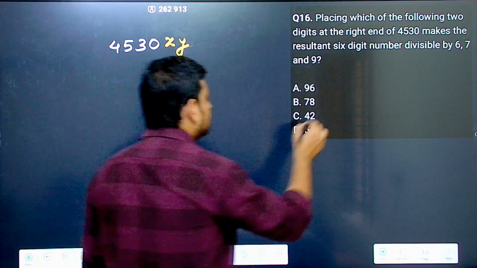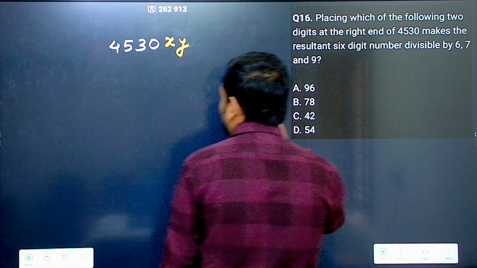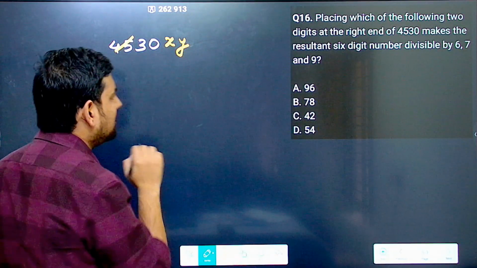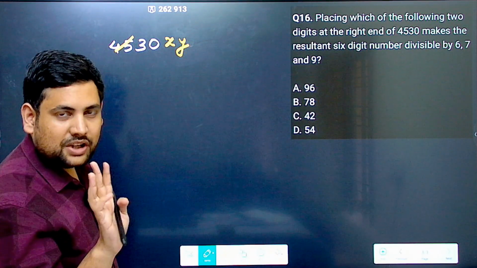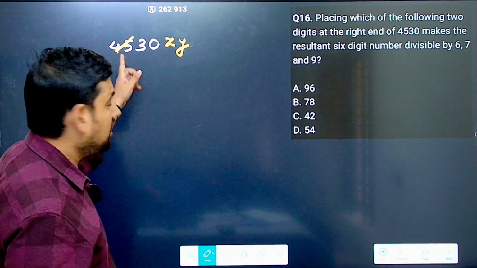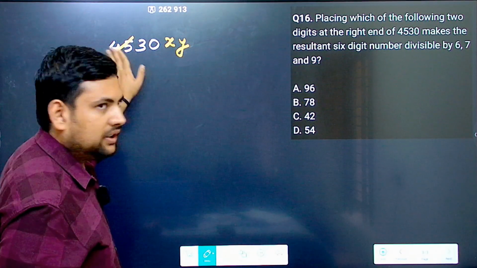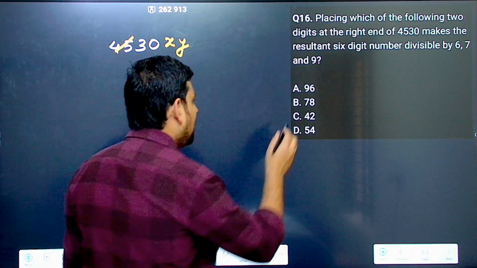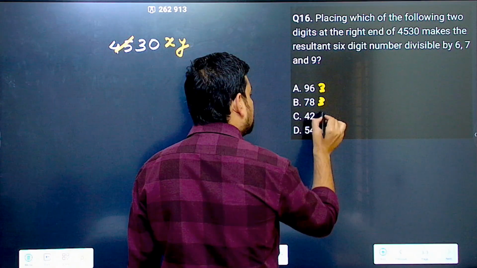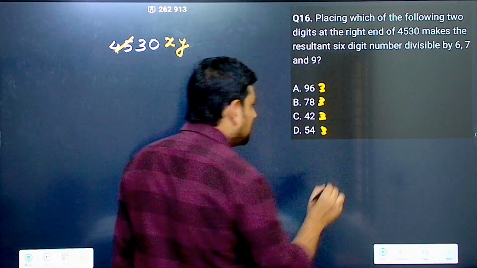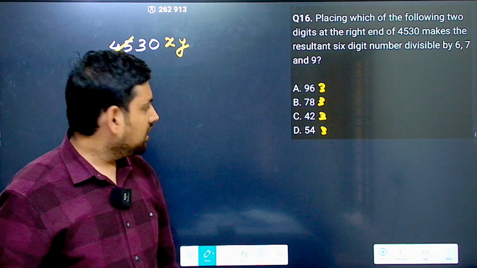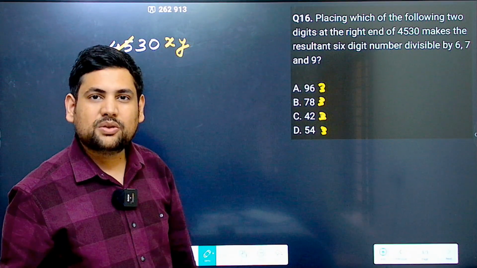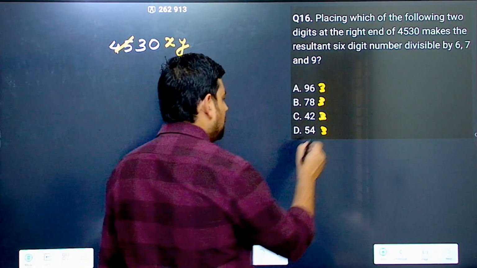Correct. Now can you see that 4 and 5 I can just cancel? If I am just looking for divisibility with 3, divisibility with 9, so 4 and 5 I cancel, only 3 remains. 3 plus xy is what I am getting. So I can put 3 in all of them and then find out the sum of them. Correct. Now 4 plus 5 is 9, 9 plus 3 is 12. Is it divisible by 9? No. So this option goes.